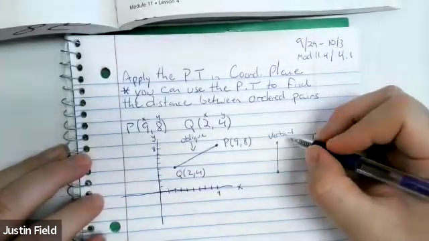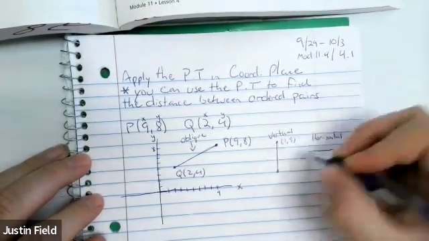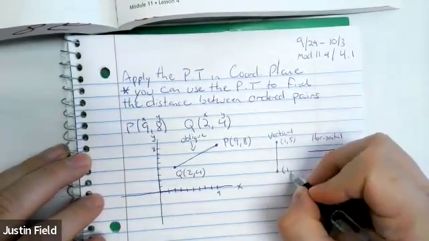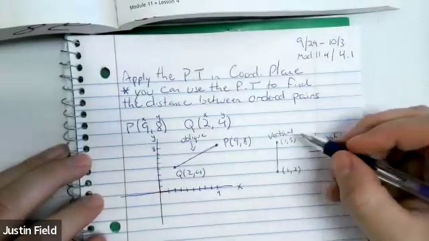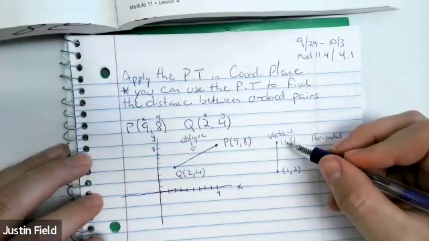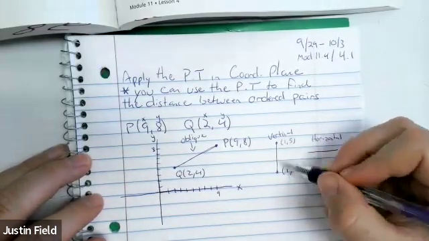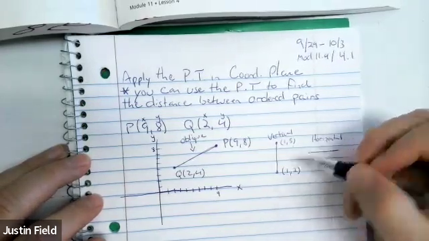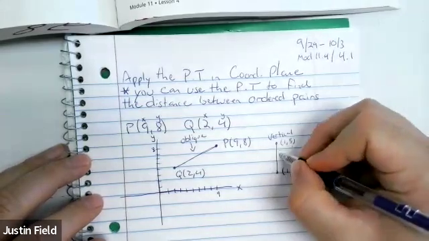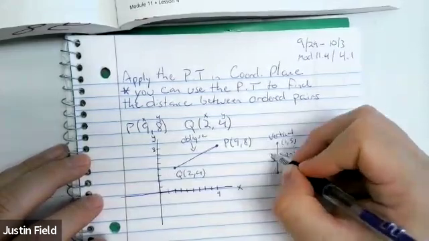Like if, let's say our vertical segment was 1, 5, and 1, 2. You notice with a vertical segment, your x's are the same, so you can find the length of it by just subtracting the y's. So I would just do 5 minus 2 equals 3. So the length of this segment is 3.